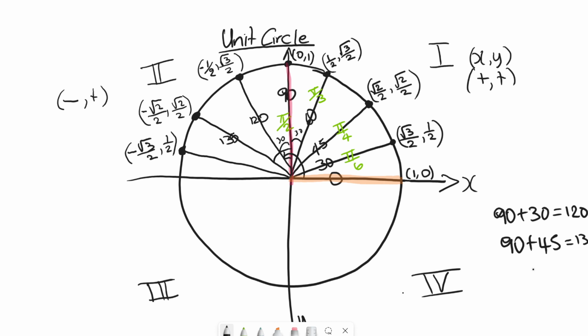And then also, we're going to do the same thing. Notice that between 90 and 30, there's an angle of 60 degrees. In other words, you can say that this angle here is 60 degrees away from 90. So if I really want to know what this entire angle is, I would do 90 plus 60, and that's going to give me 150 degrees.